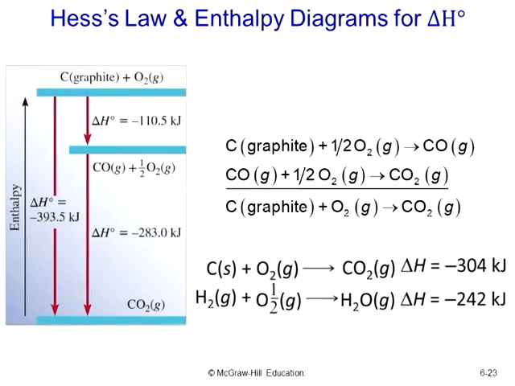Here we show you a diagram of what that looks like. We show you an example where the overall reaction is to take graphite plus oxygen to produce carbon dioxide. In this case, we start with a half reaction of graphite plus, here we're using 1/2 mole of oxygen just for the math.